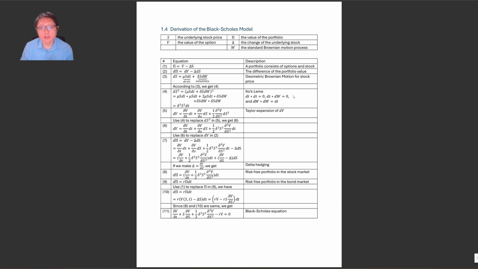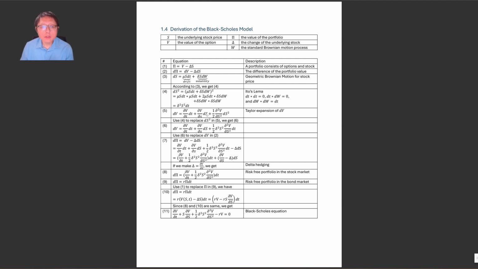That's very important to simplify this big equation to this shorter equation. Basically, from here, we know that ds squared is equal to sigma squared multiplied by s squared multiplied by dt. So equation 3 and equation 4 gave us the expressions for ds and ds squared, which will be used later.